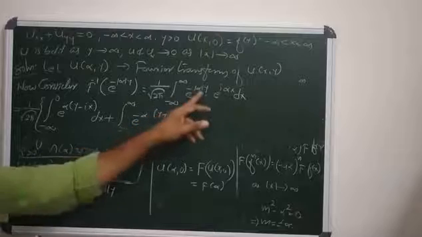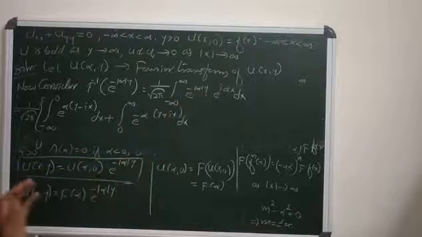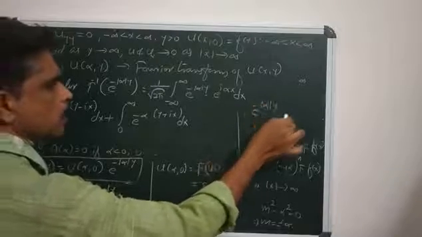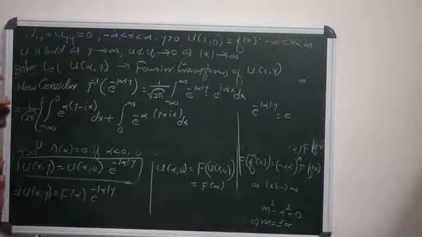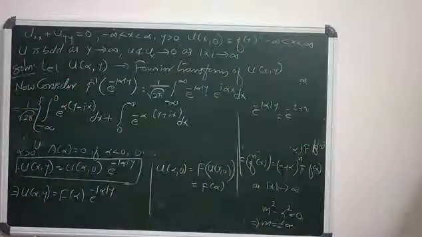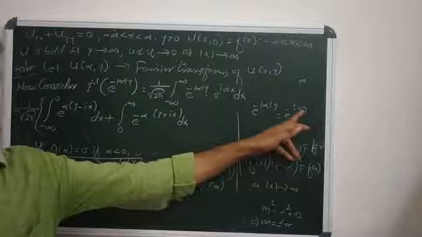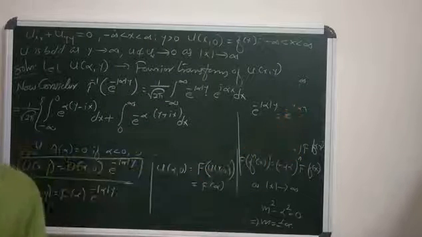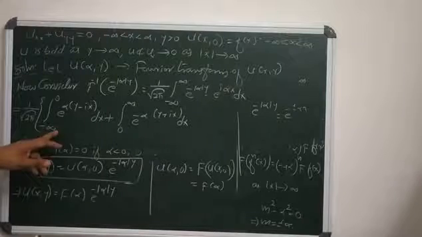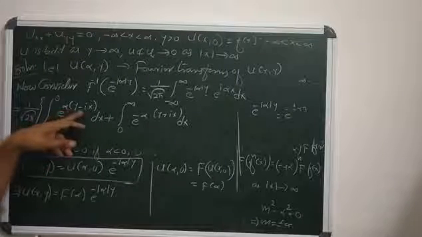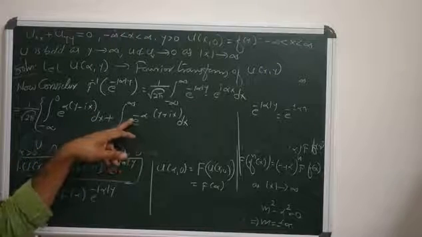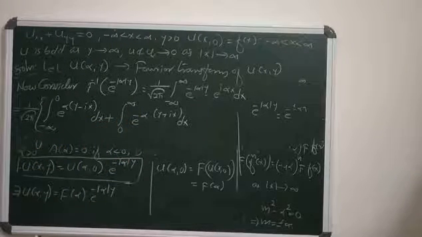Listen, when alpha is negative, what is e power minus mod alpha y? It equals e power minus of mod alpha, which is plus or minus alpha y. So when alpha is negative, minus alpha is again positive. So it is e power alpha into y minus ix, plus the integral from 0 to infinity e power minus alpha into y plus ix dx.